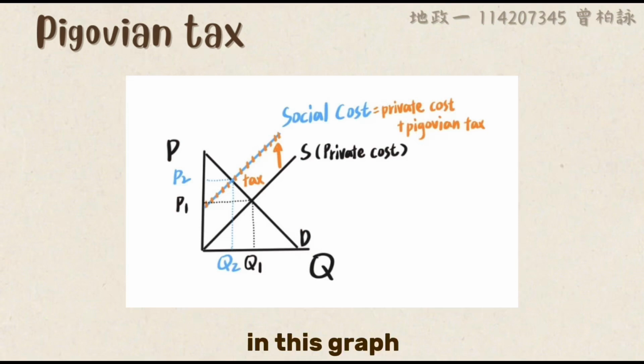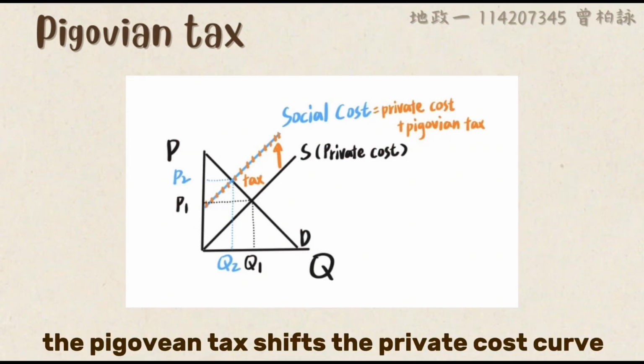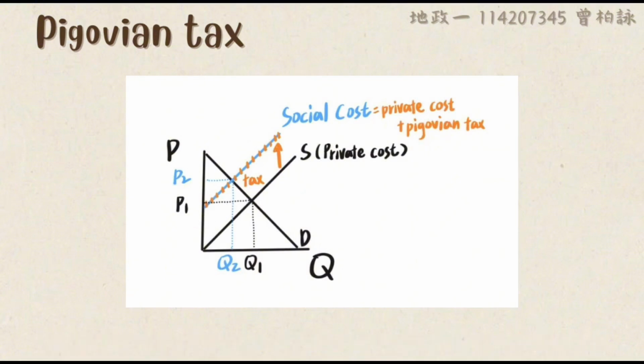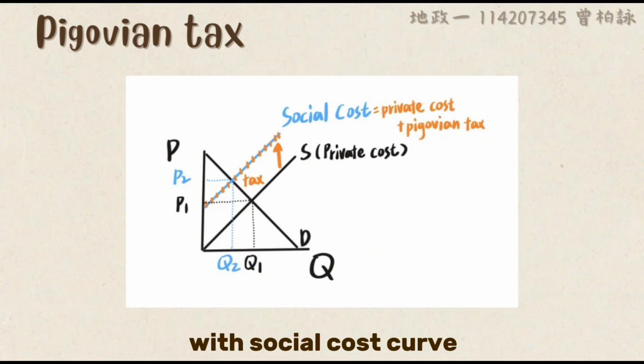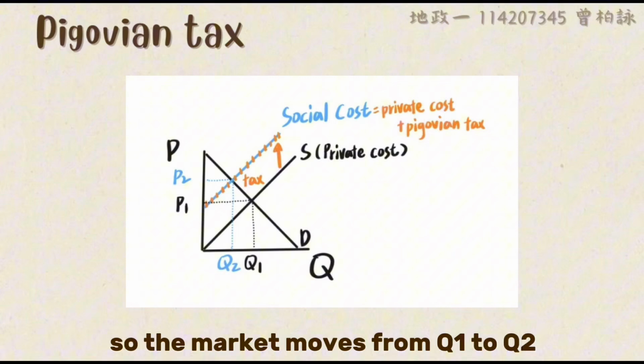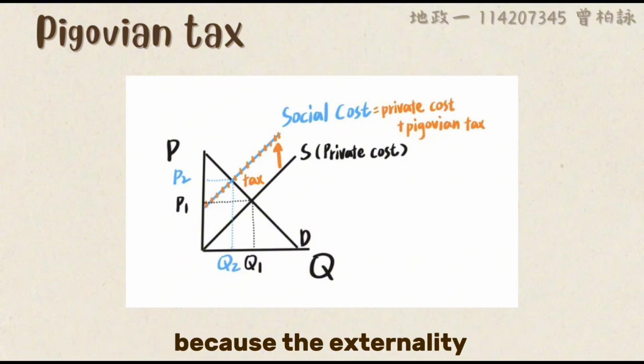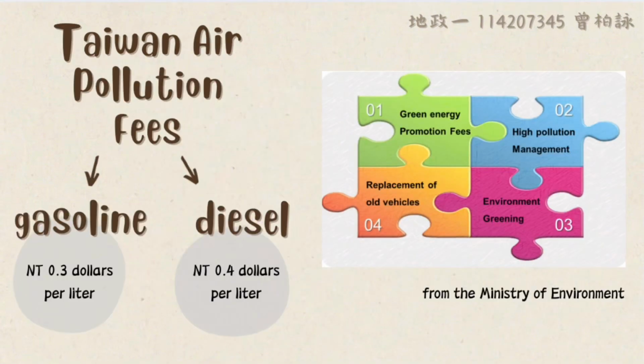In this graph, the Pigovian tax shifts the private cost curve upward to become private cost curve plus tax. The new curve coincides with the social cost curve, so the market moves from Q1 to Q2. The deadweight loss disappears because the externality has been fully internalized.